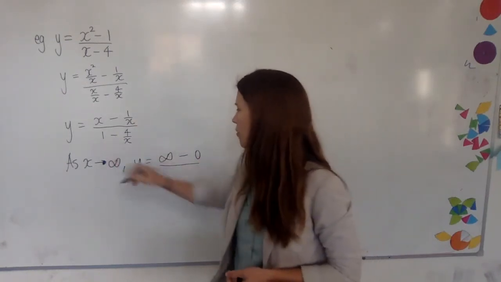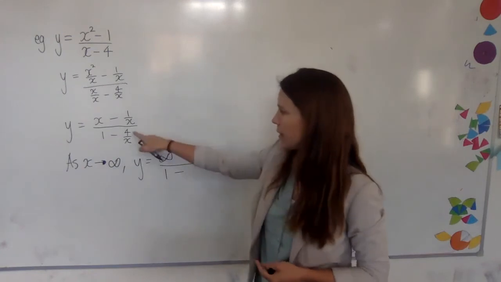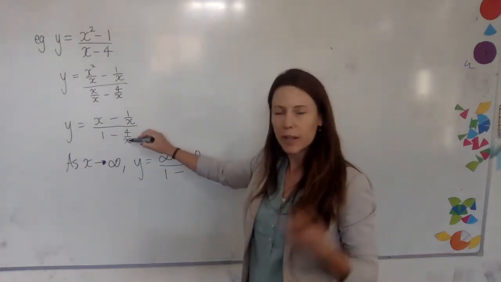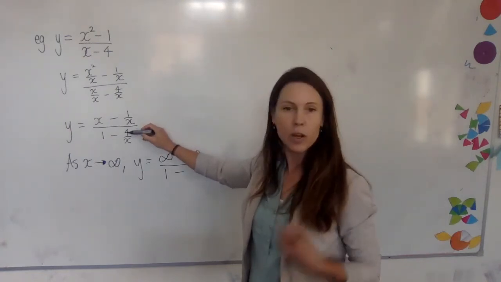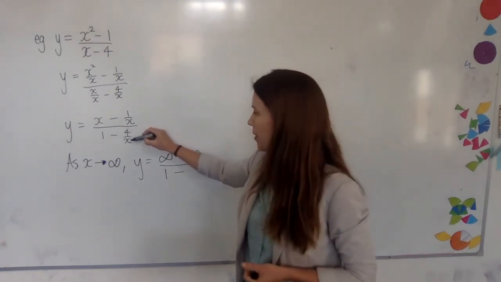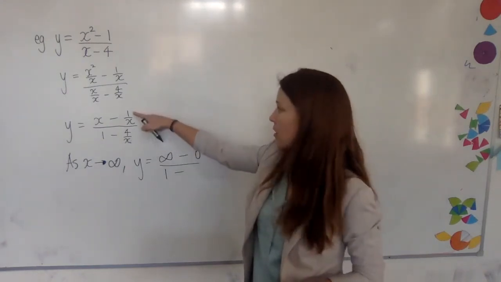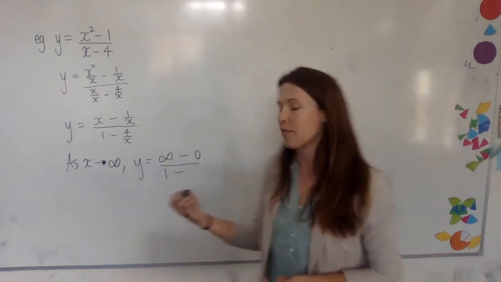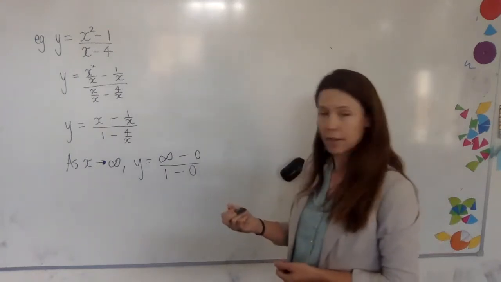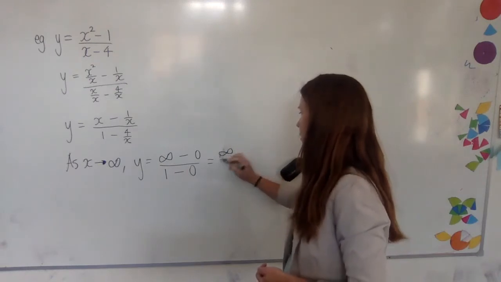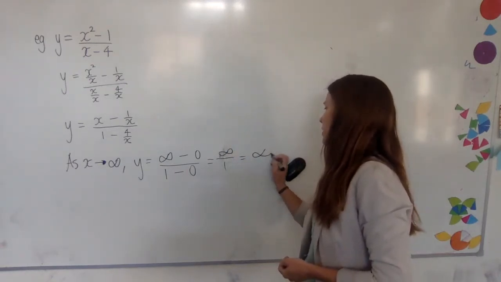On the bottom, we'll have 1 minus this whole thing, which as x approaches infinity approaches 0. It doesn't make any difference whether there's a 1 on the top or a 4 on the top. 4 divided by a number that's so massive is going to approach 0 just as it is when 1 is divided by a massive, massive number. So we get this, which is basically just infinity over 1, which is infinity.